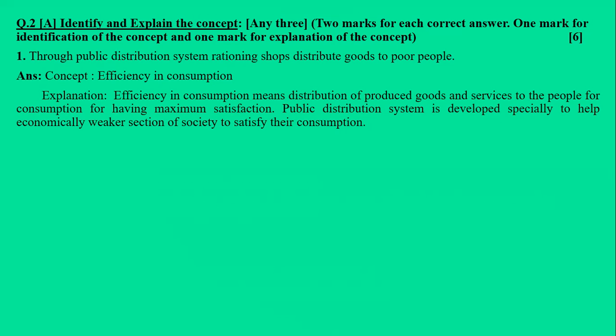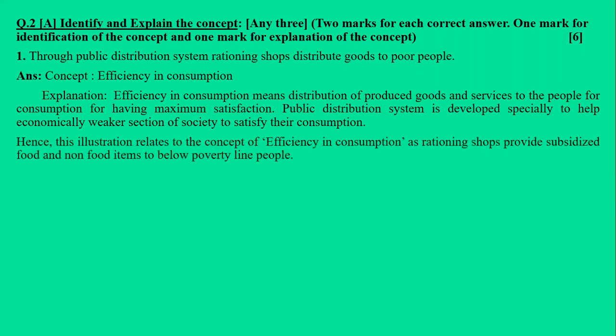Public distribution system is developed specially to help economically weaker sections of society to satisfy their consumption. Hence, this illustration relates to the concept of efficiency in consumption, as rationing shops provide subsidized food and non-food items to below poverty line people. So you write the answer in this way only.